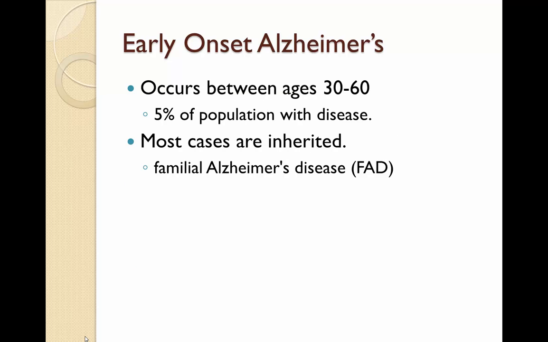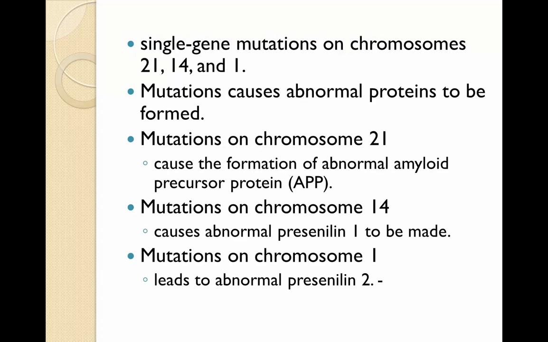You can have early onset Alzheimer's, and this occurs ages 30 to 60. This is about 5% of the population, and in most cases this is inherited. This is what we would call familial Alzheimer's disease. There's a single gene mutation on these chromosomes, and the mutations cause the abnormal proteins.